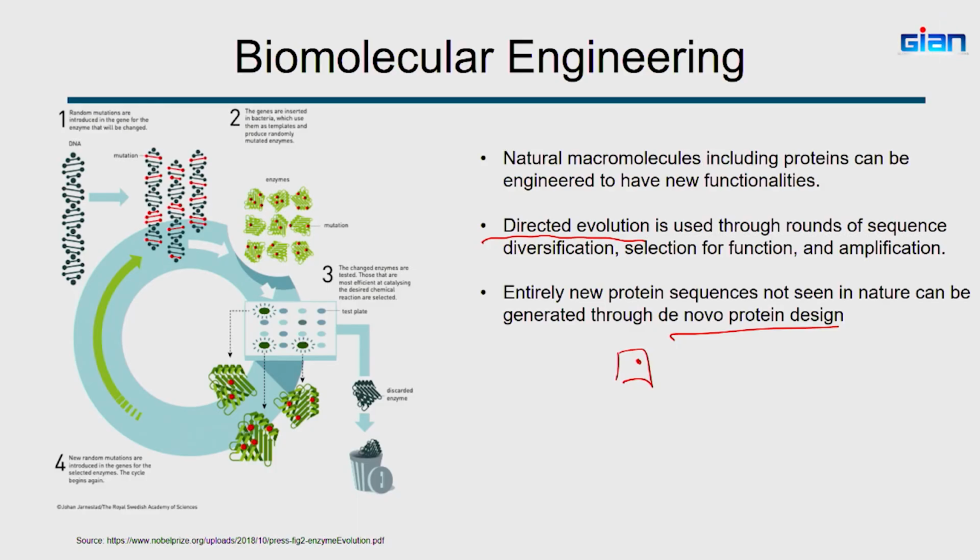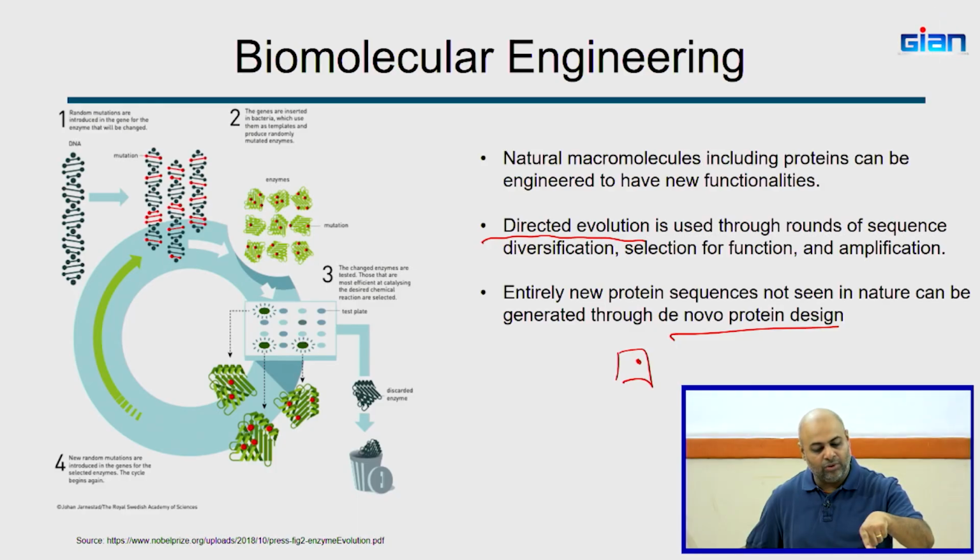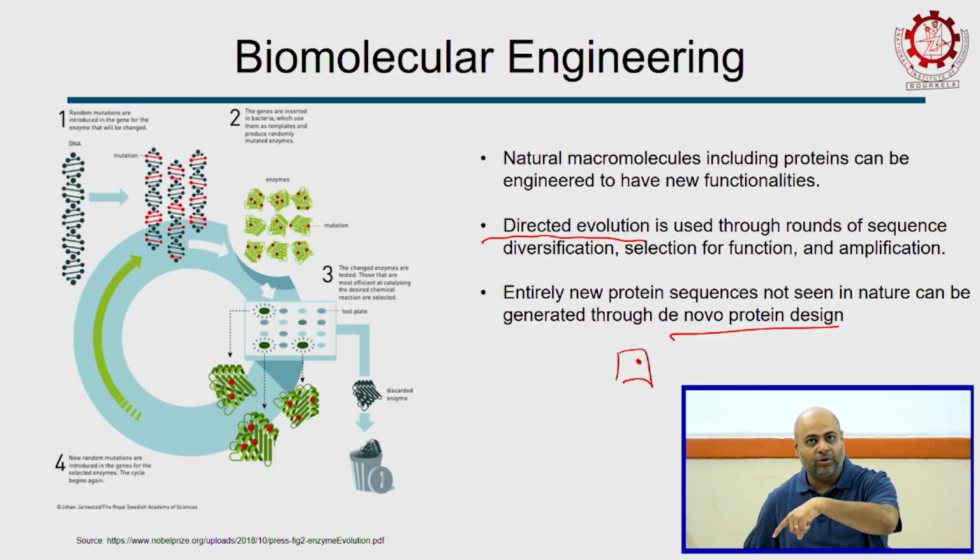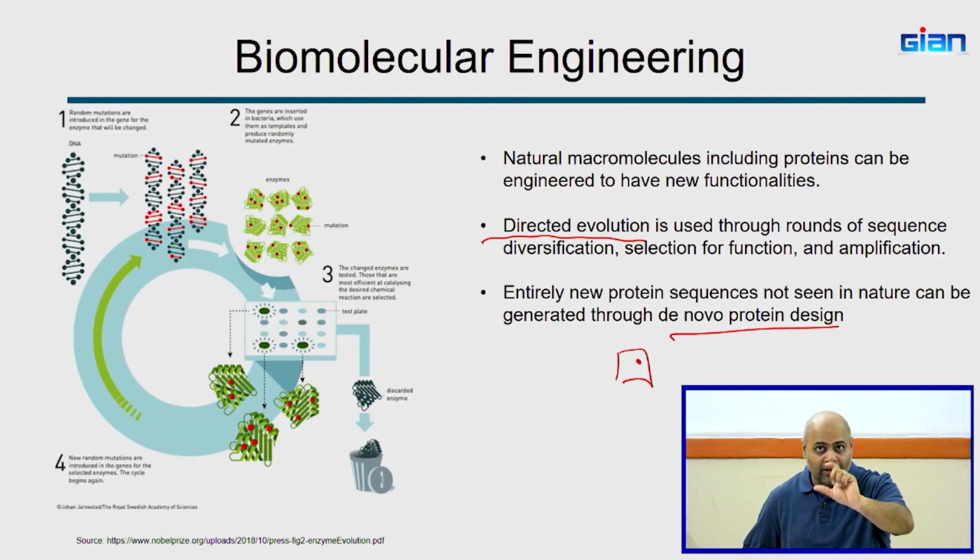The cycle begins. So, you have your DNA, you do random mutations in it. So, this is your directed mutagenesis, like you are doing a directed evolution. Now all these random mutations might lead to formation of different enzymes, like same enzymes with different characteristics, right?